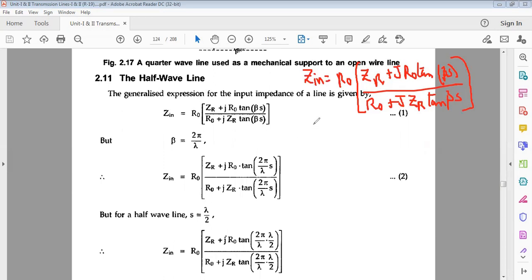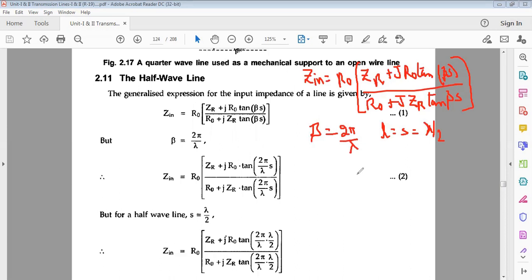Beta is equal to 2 pi by lambda, and the length S is equal to lambda by 2. That is a half wave line.